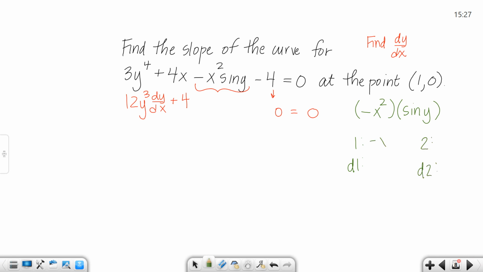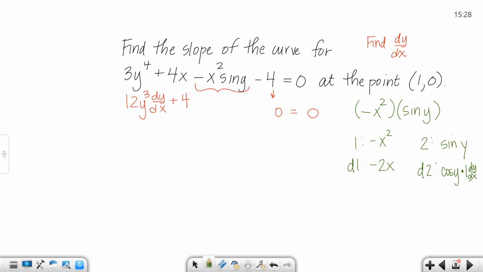My first function is a negative x squared, and my second function is sine y. d1 would be negative 2x with no other factors. d2 would be the cosine of y. That takes care of the trig part, but you have to also take care of the angle part. So the derivative of y would be 1 dy dx.